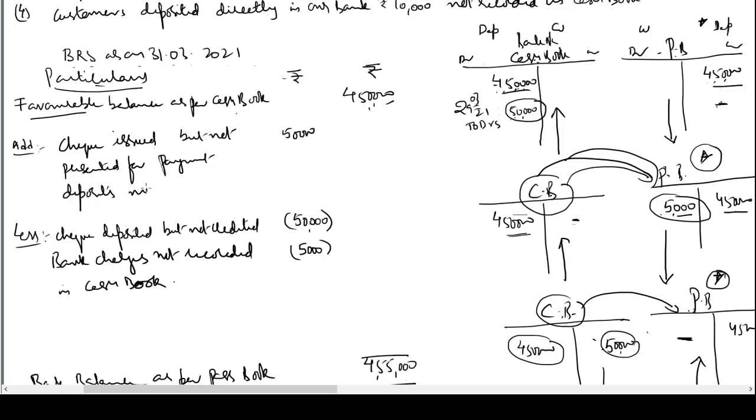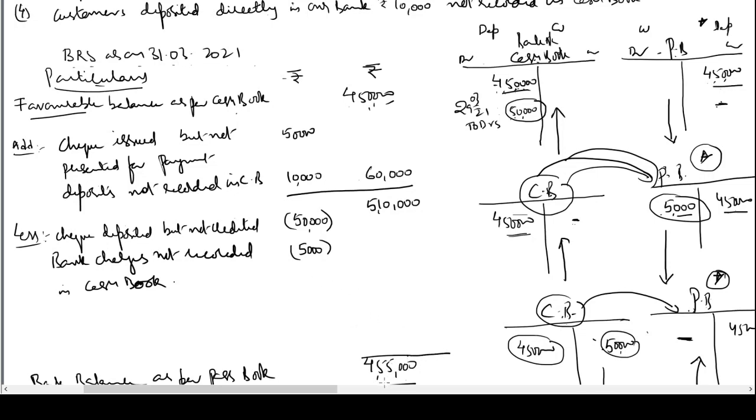Deposits not recorded in cash book, 10,000 rupees. Now we have some add items. 50,000 plus 10,000 is 60,000. So 4,50,000 plus 60,000 will be 5,10,000. And then we have some minus items.